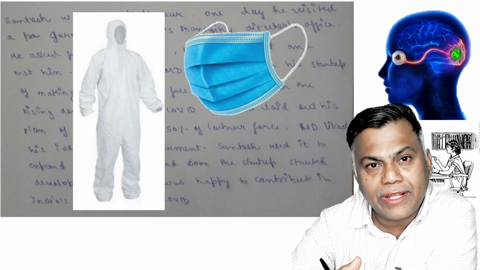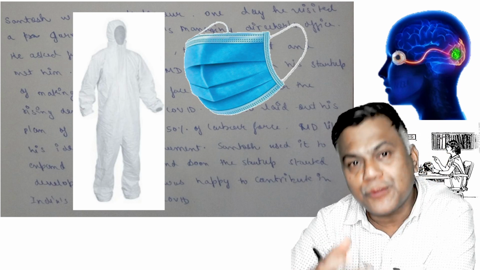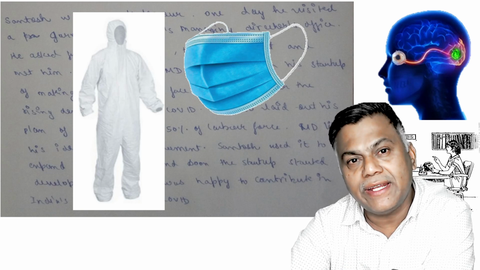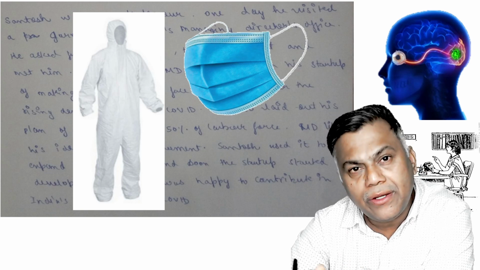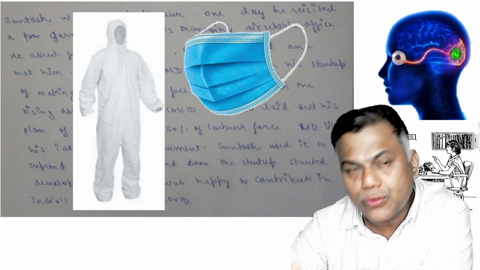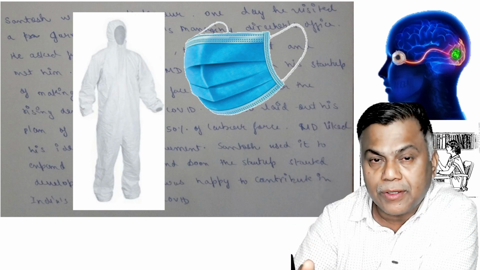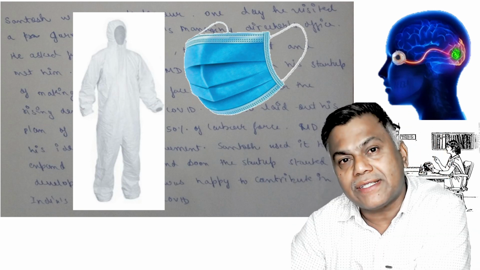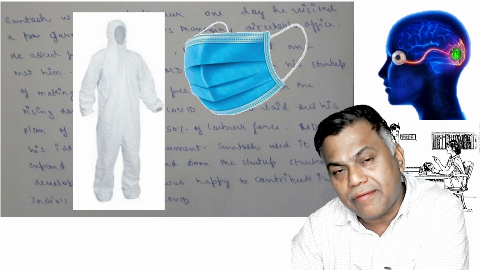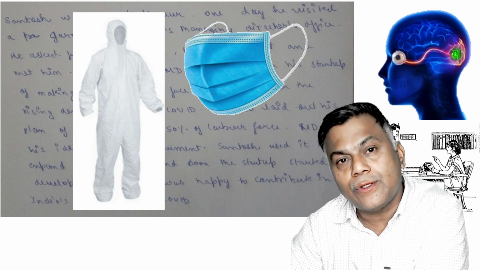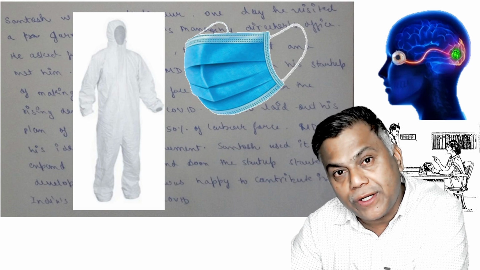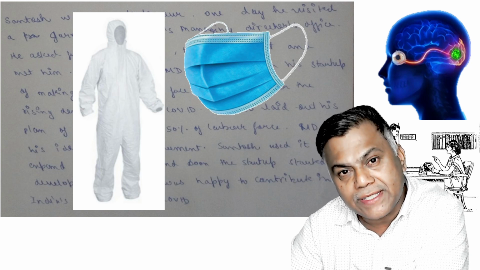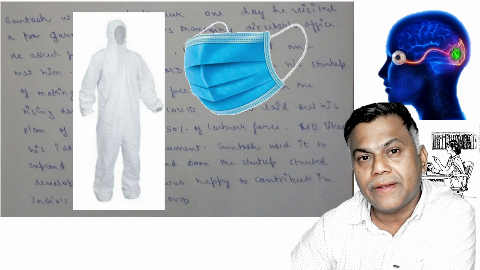If you remember the COVID lockdown, it was so strict that you could not go outside without a mask, and he is moving in offices as if there was no COVID, whereas he is a startup making PPE kit and mask, yet he himself is not covering and the lady is also not covering. Then what is the point of creating PPE kit and mask when you are yourself not following it?